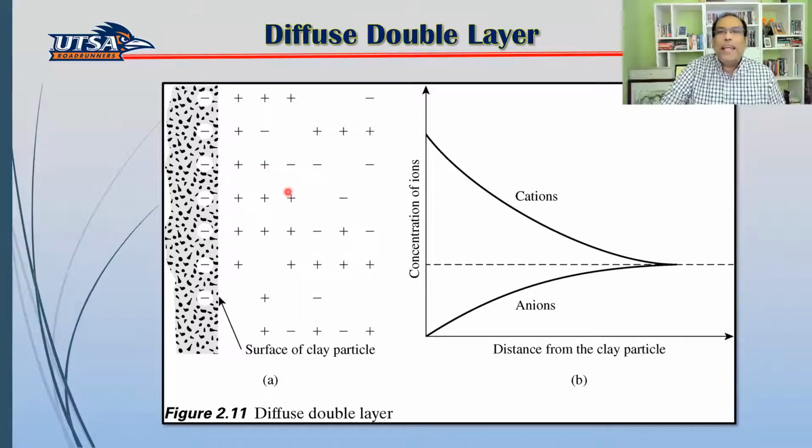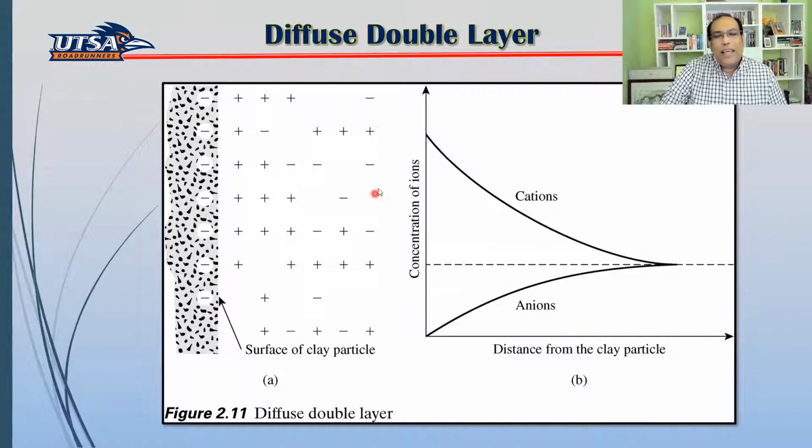The water might itself have some positive ions like calcium, magnesium, sodium, very common, right? And in the solution here, the positive charges will try to come here to neutralize the negative charge here.